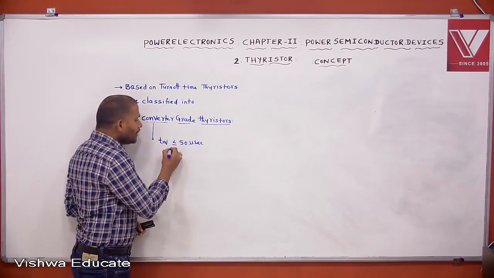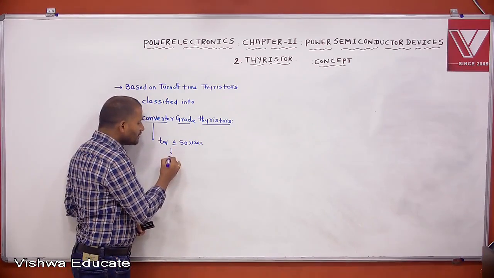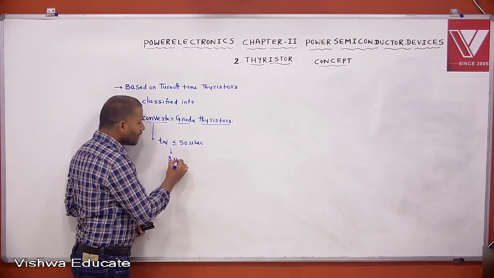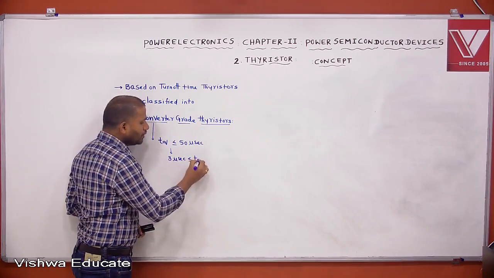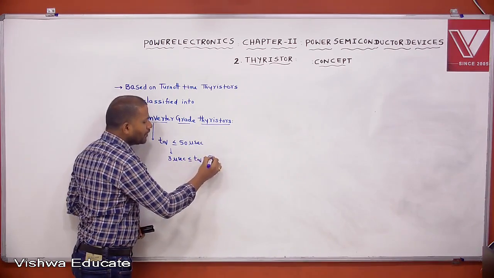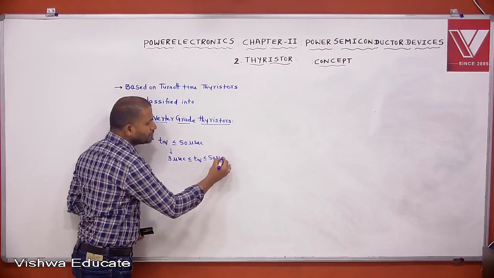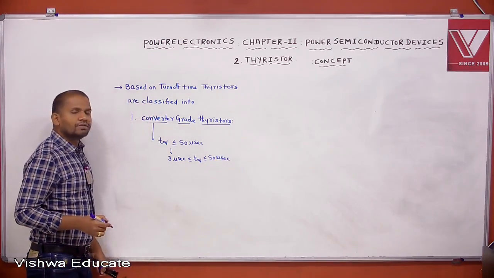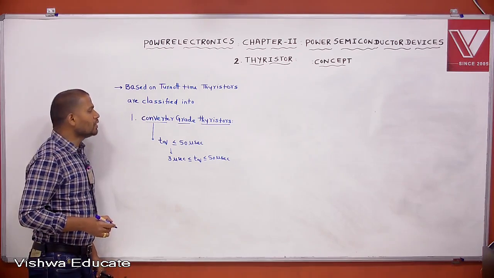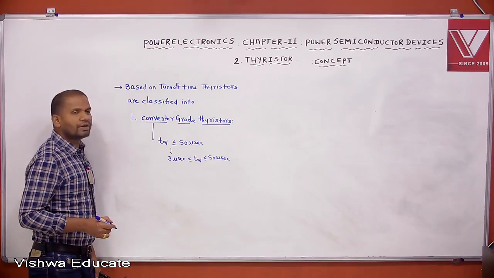That is, 3 microseconds less than or equal to TQ less than or equal to 50 microseconds. The turn off time is 3 to 50 microseconds.